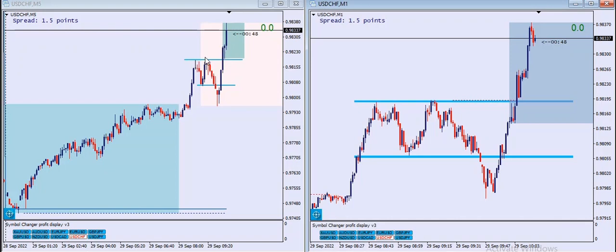So as price took out this equal high, I saw a bearish pullback here and a bullish move. So this could be an entry. I didn't take it, I just saw it, and I took the screenshot so that I'll study it for future purposes. If I see setups like this, that could be a good setup to trade.